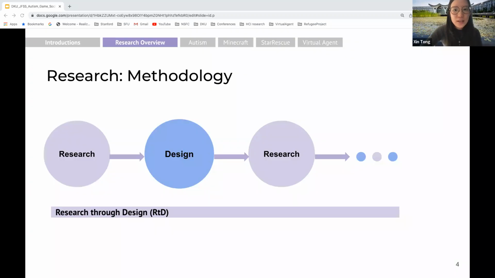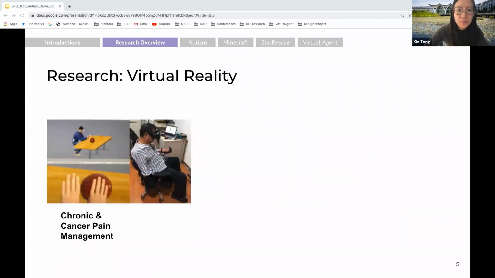For most of my projects, I adopt the research through design approach, which is an iterative process of design and research. The process starts from identifying a real-life problem or research gap, and then involving targeted populations in the design and test process, and finally developing new research questions or possible directions.